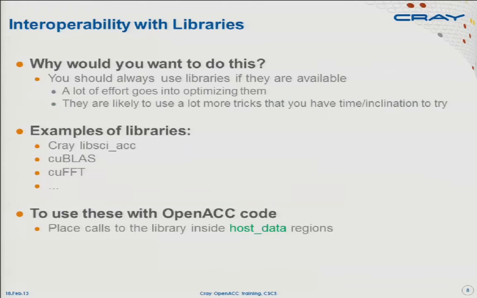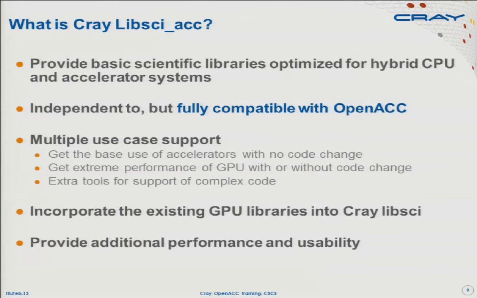And the other thing is to do with calling libraries. Because if there's libraries, use them. Because you might be able to do better than the library writers, but you'll have to work very hard. I mean, one example of libraries, Cray has their own accelerated library called libsci ACC. Well, if you're American, you call it libsci ACC.